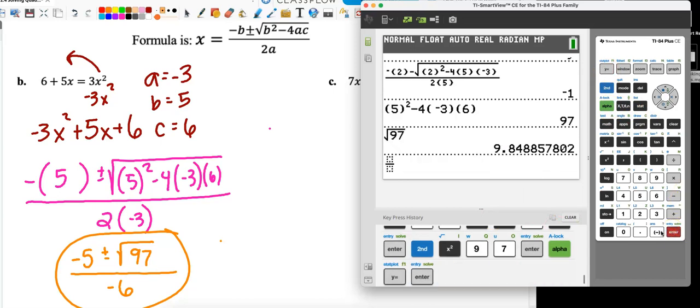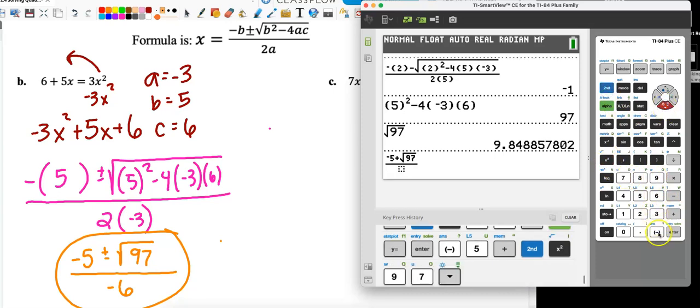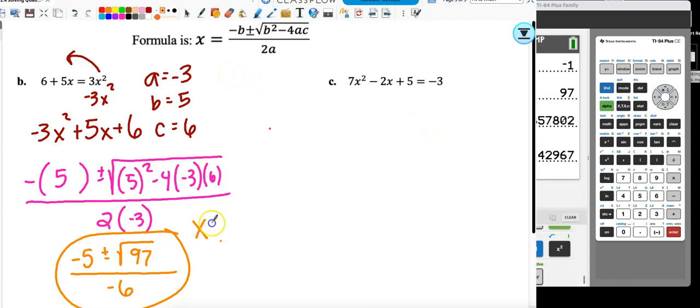Alpha y equals enter. Negative 5 plus the square root of 97 over negative 6. That should be, yep. So one answer is negative 0.8. That's one of them.